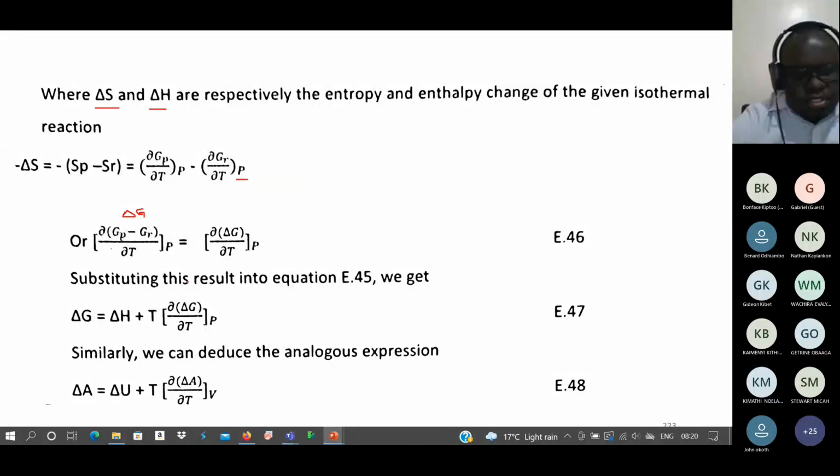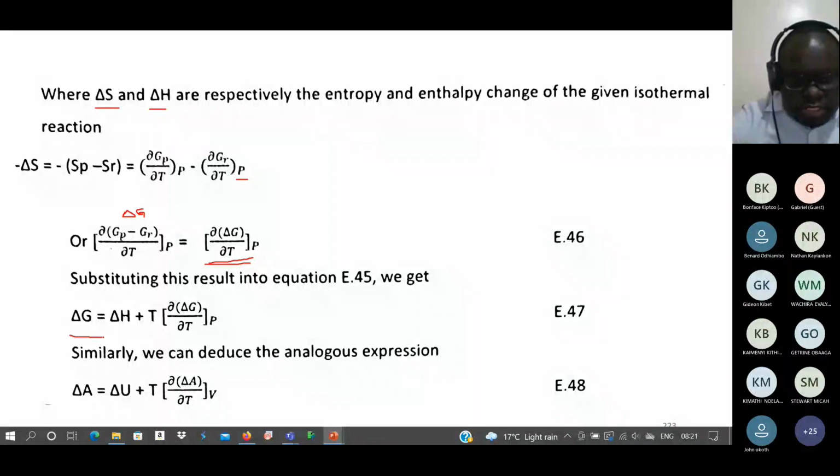Now when you substitute this result into equation E45, E45 was delta G equals delta H minus T delta S. So you're putting the expression for delta S here.